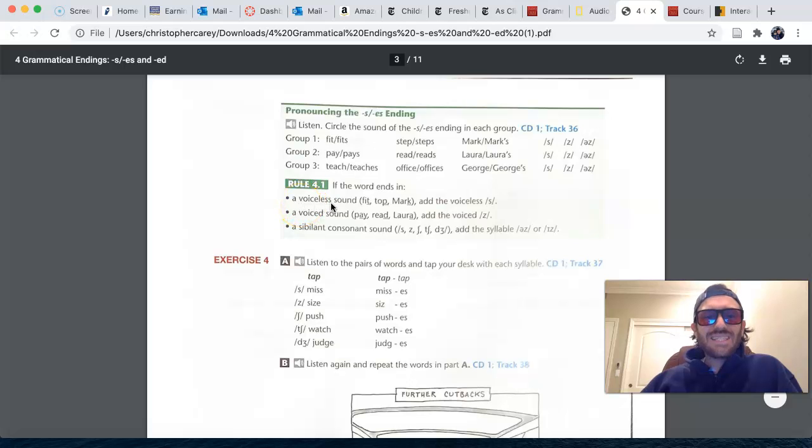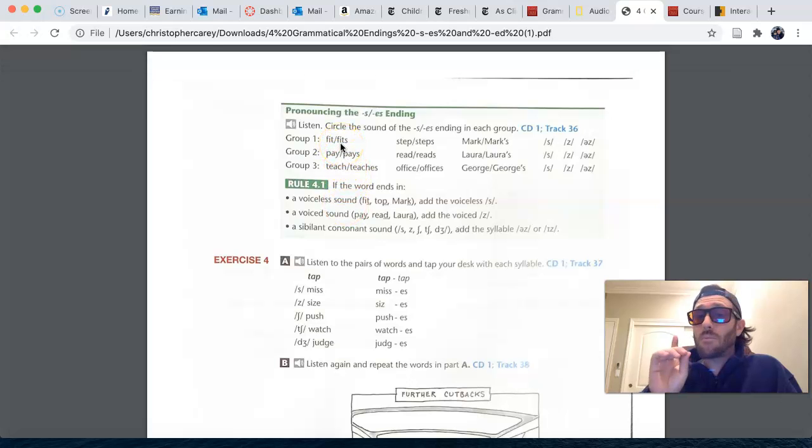a voiceless sound, words that end in a voiceless. Now remember from previous chapter, what does voiceless mean? Voiceless means that that consonant sound has no vibration, right? We're not using our vocal cords to create that sound, and instead we're using aspiration.